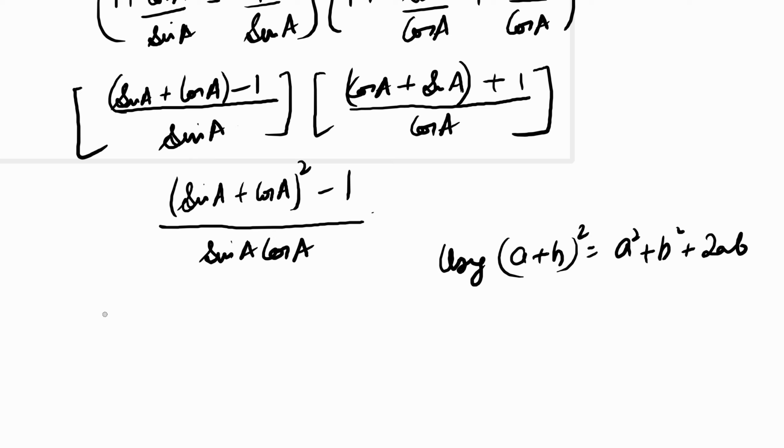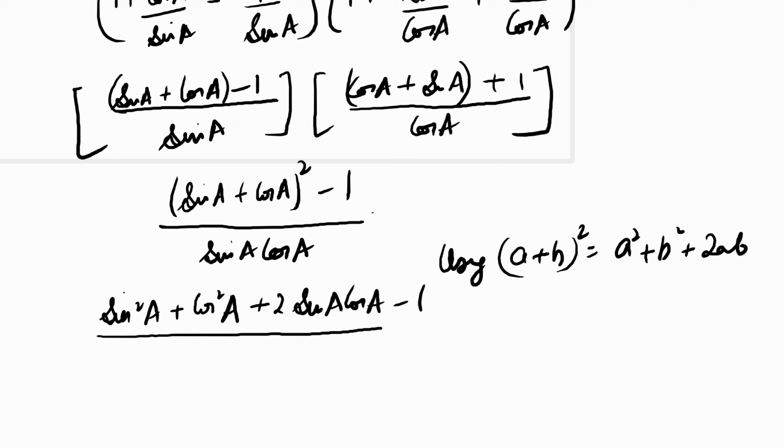So when I open it, it will become sin square A plus cos square A plus 2 sin A cos A minus 1, and this will become sin A cos A. It is already sin A cos A. Then we will be using sin square A plus cos square A over here.